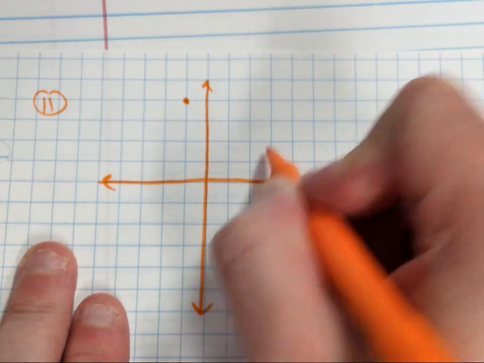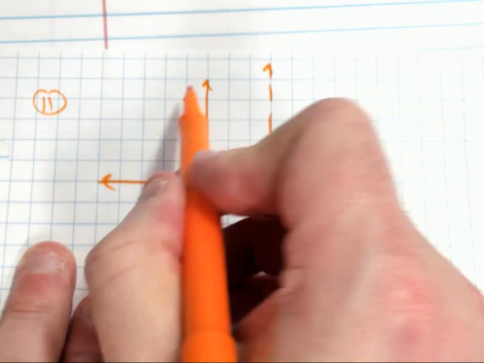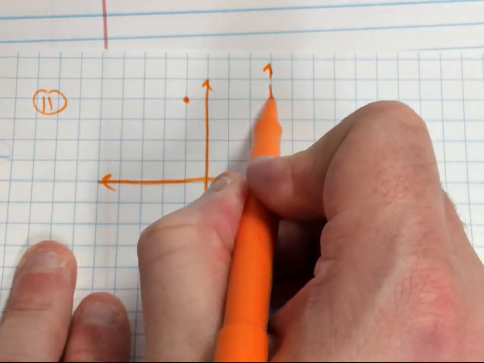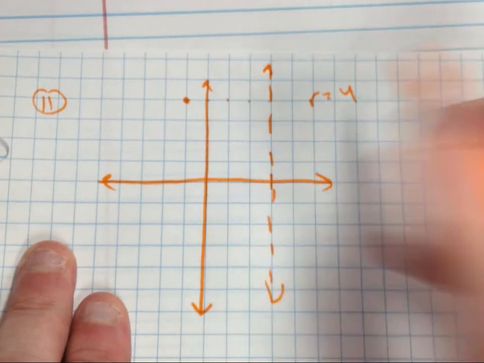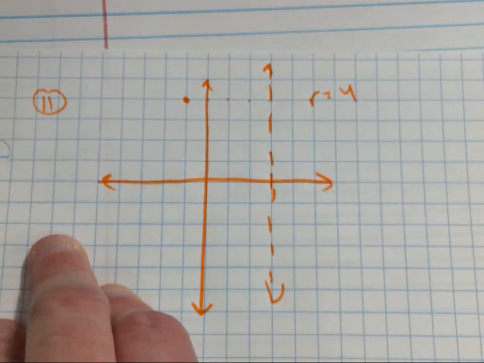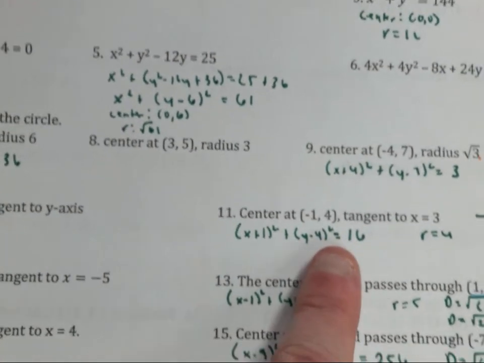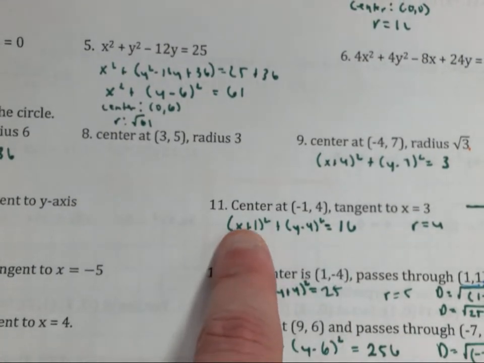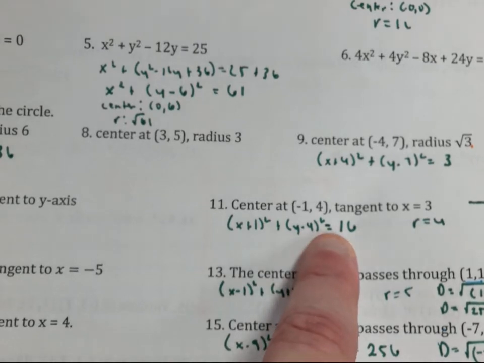That means there's a line going right here. How far is the center from this line? Tangent means it touches it. 1, 2, 3, 4. So that means your radius is 4. Does that make sense? Okay. I'm going to plug 4 in. I get 16 right there. So I got x plus 1 squared plus y minus 4 squared equals 16.